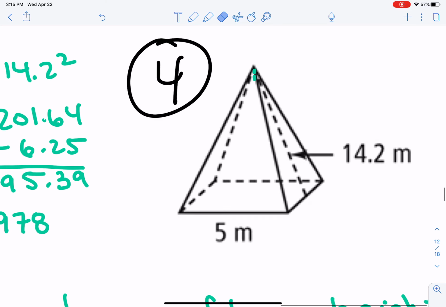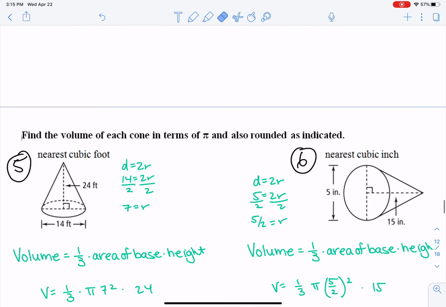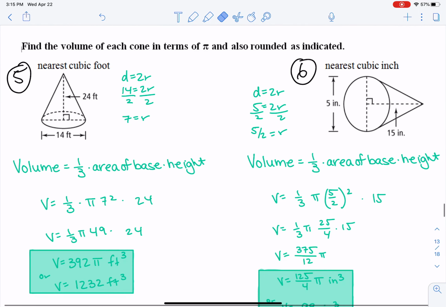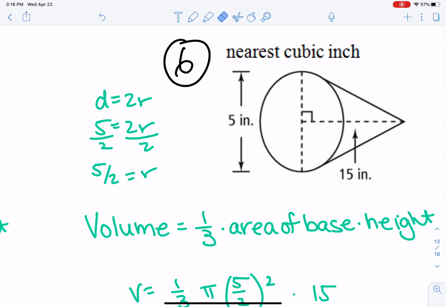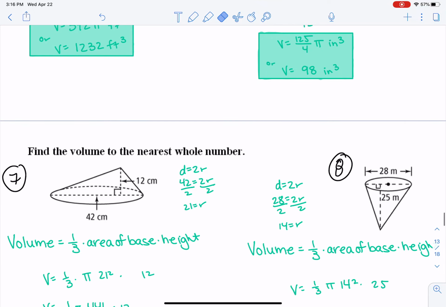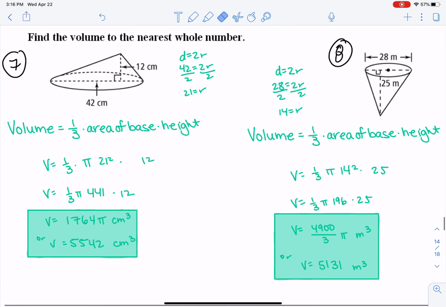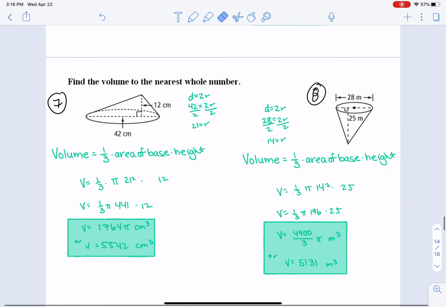Here's number 4, and here's the answer. Here's number 5, and here's the answer. Here's number 6, and here's the answer. Here's number 7, and here's the answer. Here's number 8, and here's the answer.